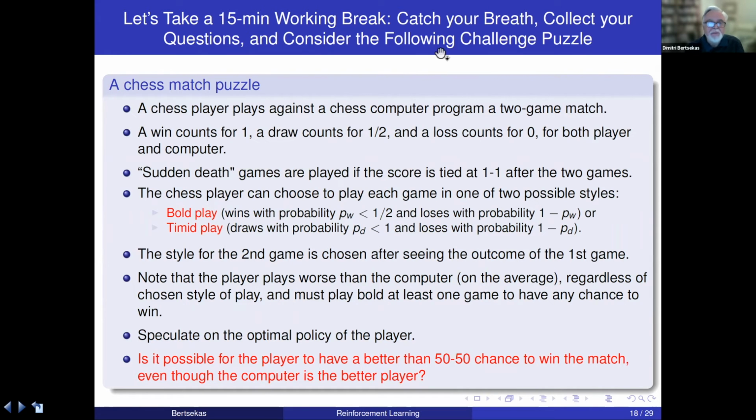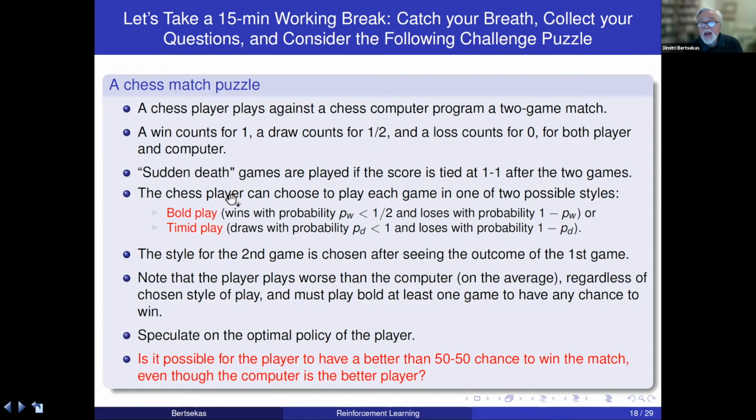It's optional. It involves a chess match where a chess player plays against a computer program, a 2-game match. And here a win counts for 1, draw for 1/2, loss counts for 0. And if the match after the 2 games is drawn, it's 1-1, then you play sudden death games, and whoever wins the first game is the winner of the match.